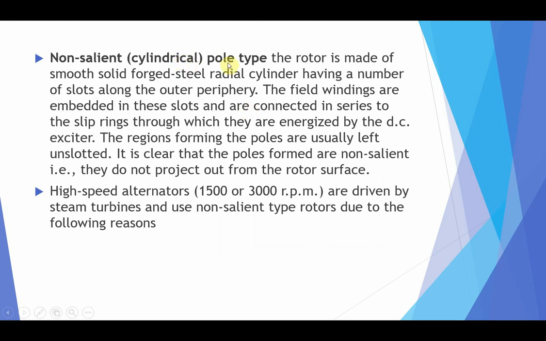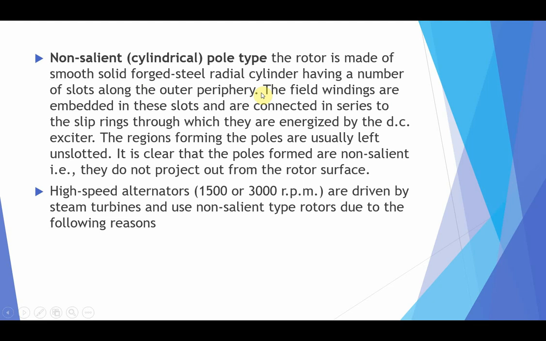Non-salient cylindrical pole type rotor is made up of smooth solid forged steel, cylindrical, having a number of slots along the outer periphery.